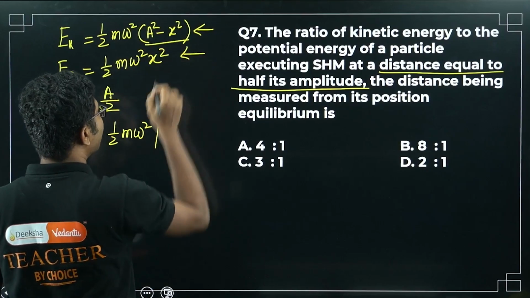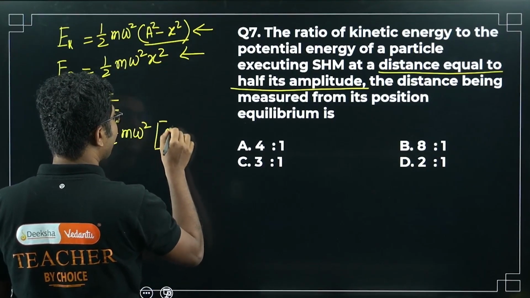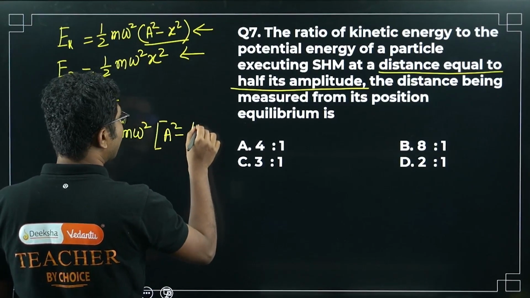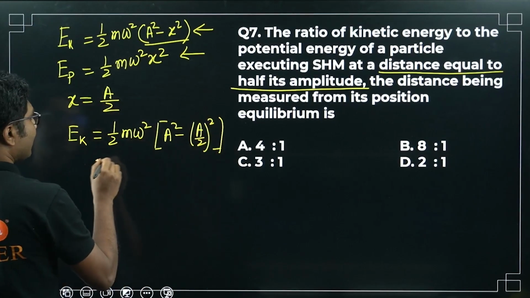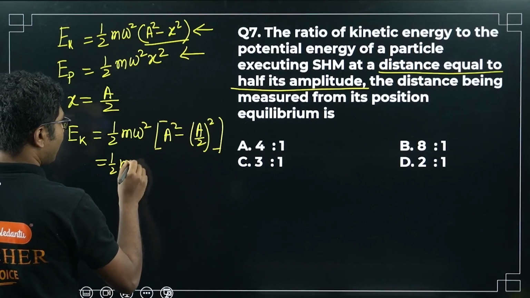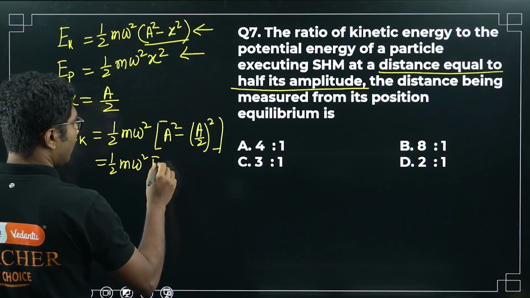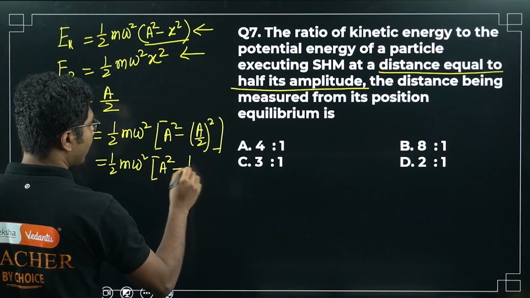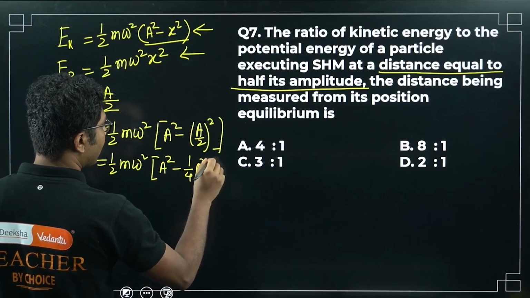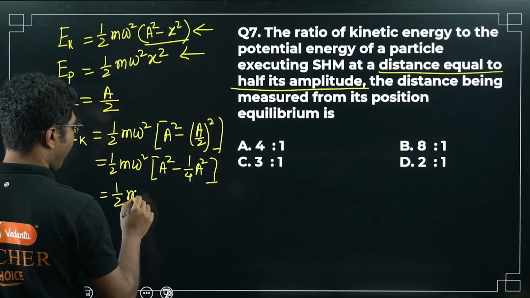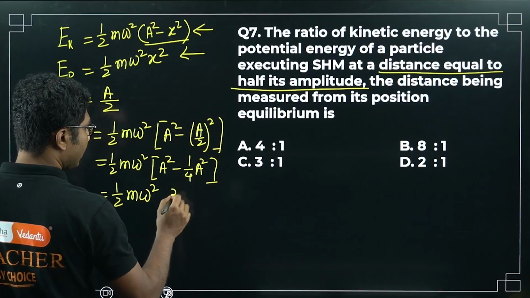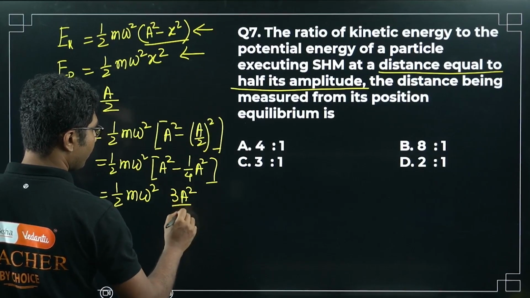The only thing you have to calculate is the a square, but I am a teacher, I want everything to be perfect. So if you are smart, you can simply calculate the ratio. Half m omega square times 3a square by 4.